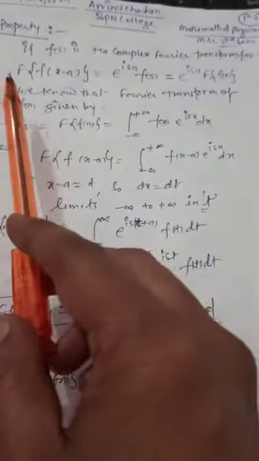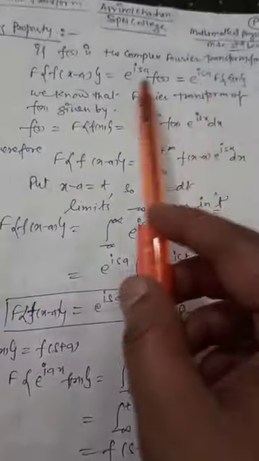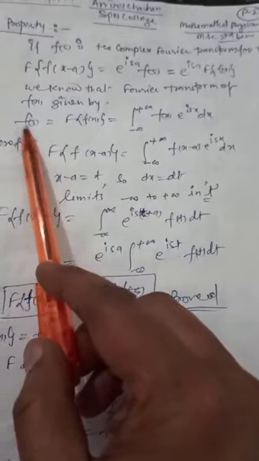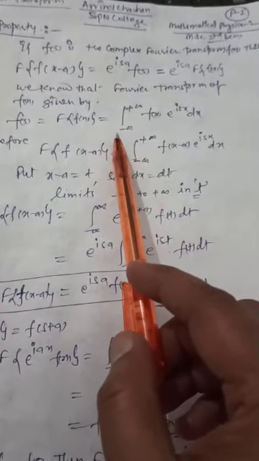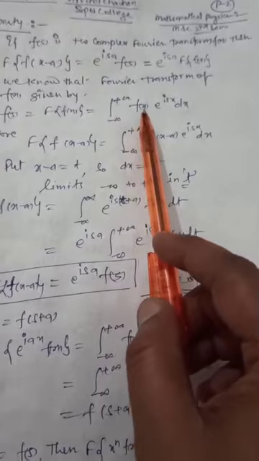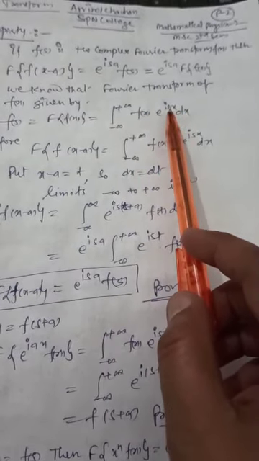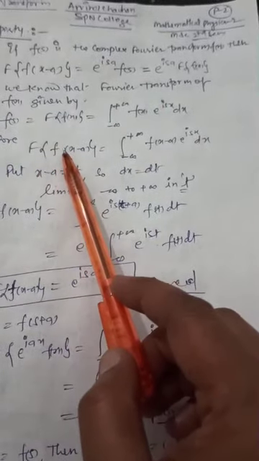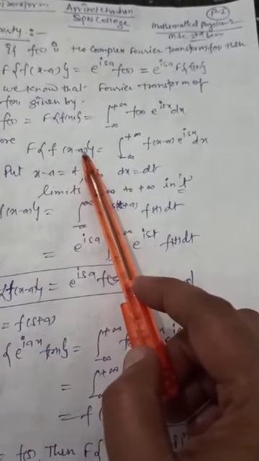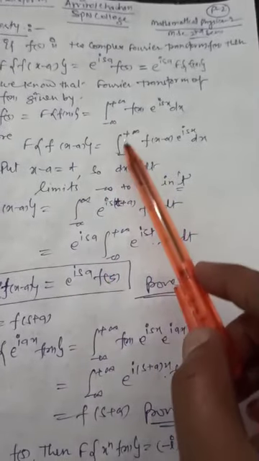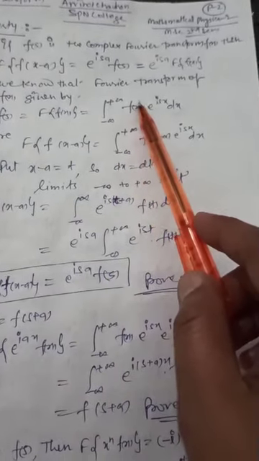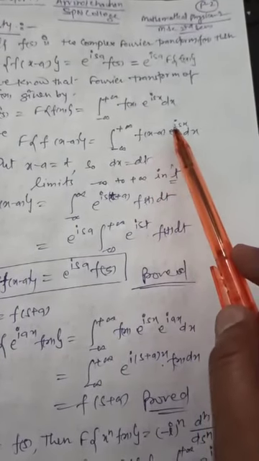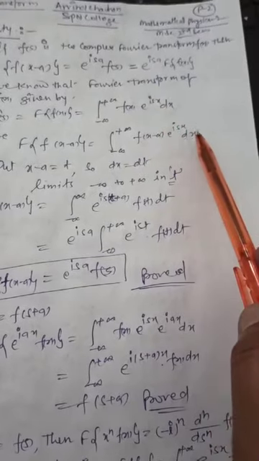For finding this result, we know that the Fourier transform of any function f of x is f of s, which can be represented as the integral from minus infinity to plus infinity of f of x exponential iota sx dx. Therefore, the Fourier transform of f of x minus a can be represented in the same manner: integral from minus infinity to plus infinity, f of x minus a, exponential iota sx dx.